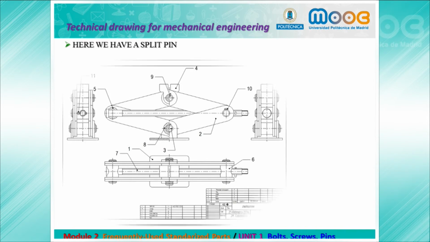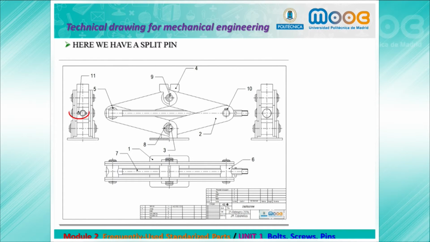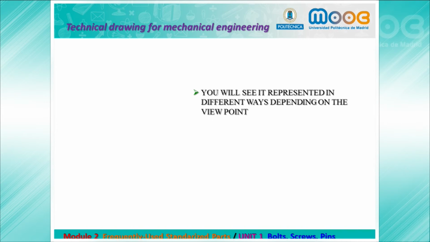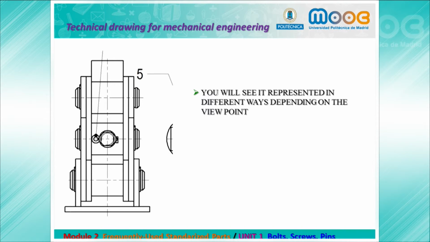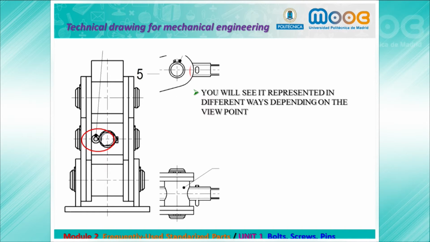Here we have a split pin in our jack screw. We can see it in different projections. So you will see them represented in different points of view. Of course, it is easy to recognize it in the left view.